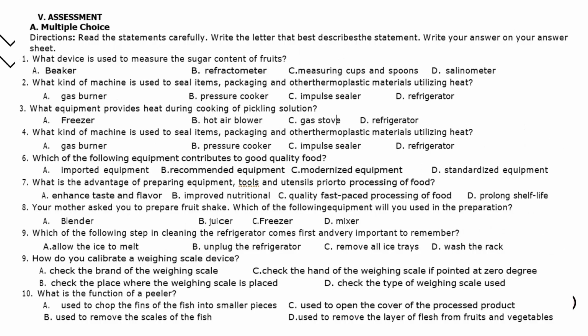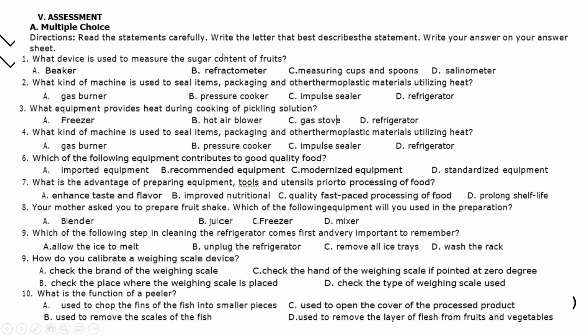And for our assessment, which is multiple choice, read the statements carefully. Write the letter that best describes the statement. Write your answer on your answer sheet. So, babasahin lang tong 1 to 10, pipili ng sagot. Alam kong kayang-kaya nyo to. So, gaya nito.